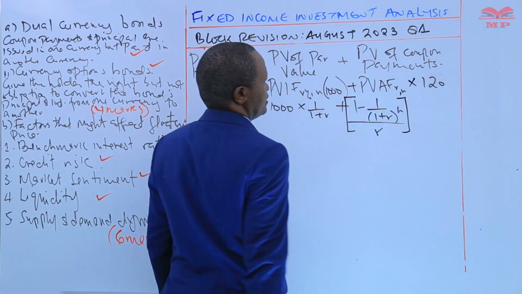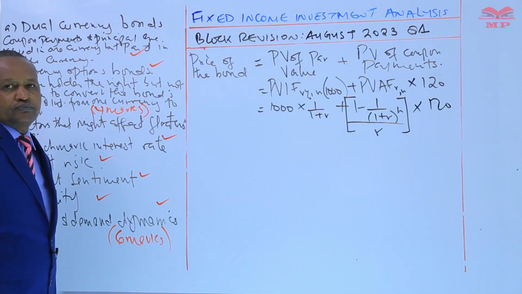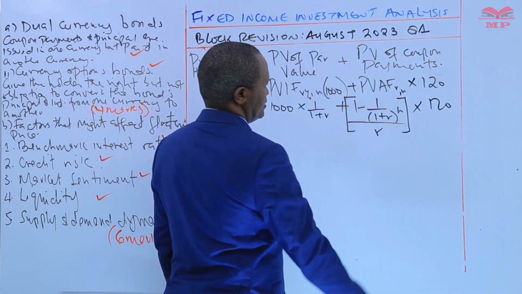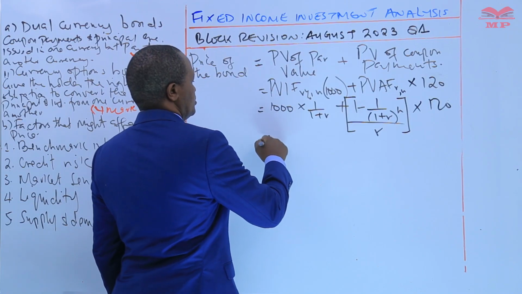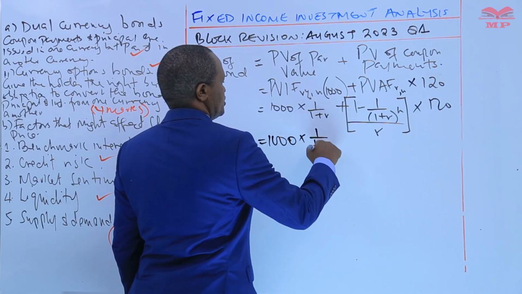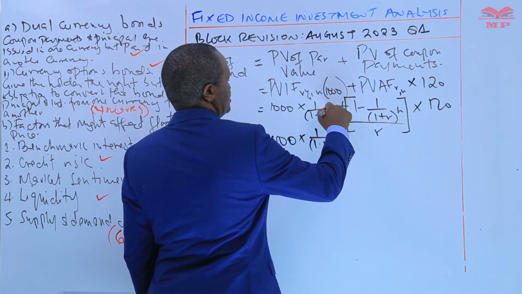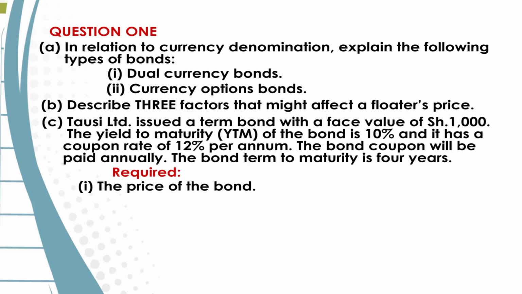That will give us the factor times 120. You understand? So the r will be the 10%, the yield to maturity. So this will be equal to 1,000 times 1 over 1.1 raised to 4. That is the period. From the question we read, the bond term to maturity is 4 years.